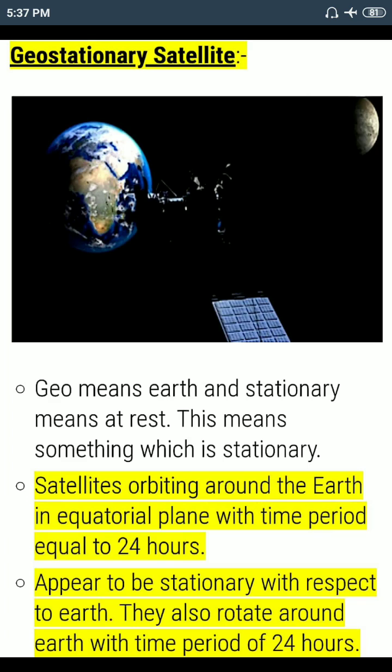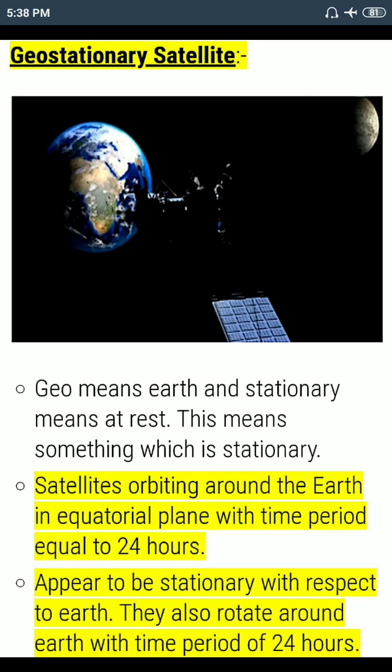That's why we consider this a stationary satellite, geostationary satellite. If two objects have the same velocity and the same direction, we can consider the second object and the first object both to be at rest. That's why this type of satellite is called geostationary satellite, and appears to be stationary with respect to Earth.